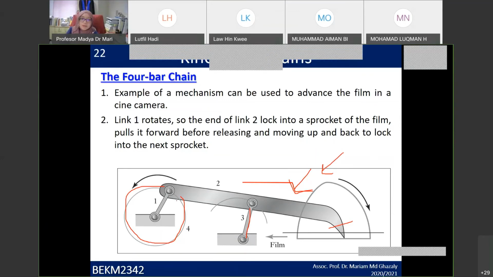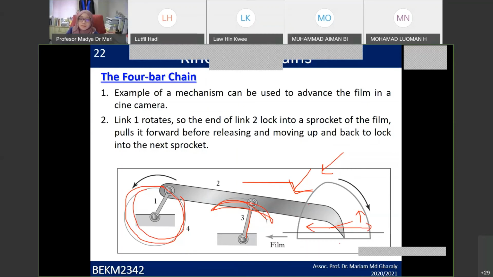So what happens is that when this moves, because it is going to rotate left and right, this lever here will move left and right, or you can move it upward. So this is a film. It's going to read and write or play the video or play the sound.